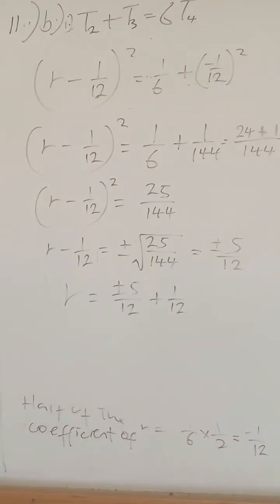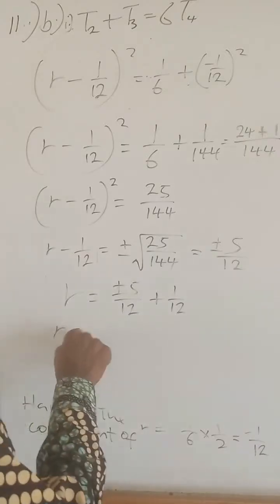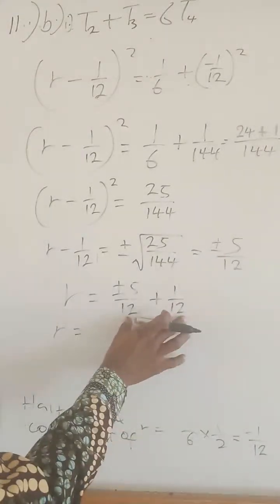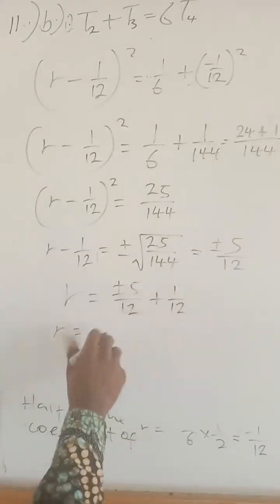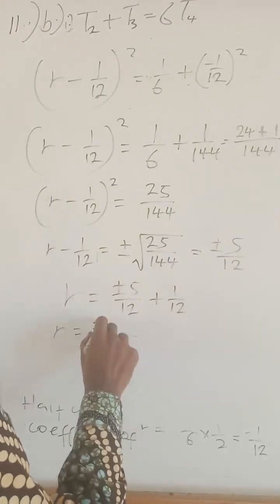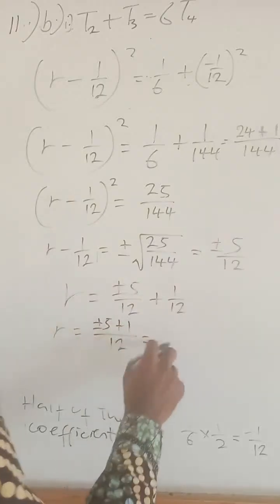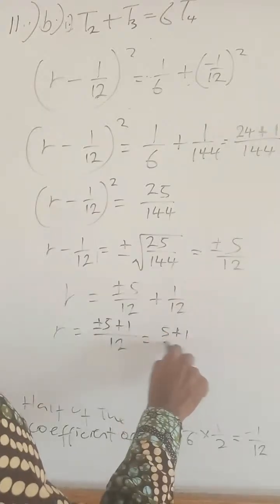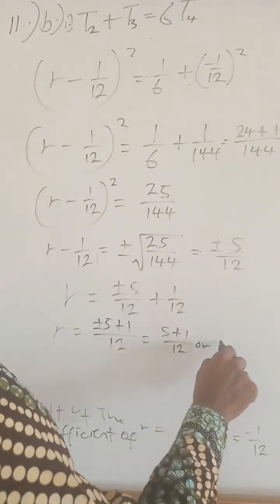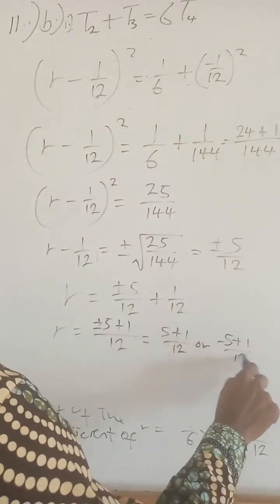Now the question says, find the two possible values of the common ratio. So that means r is going to be, since both have 12 as denominators, the LCM is 12, (5 + 1)/12 or (-5 + 1)/12.